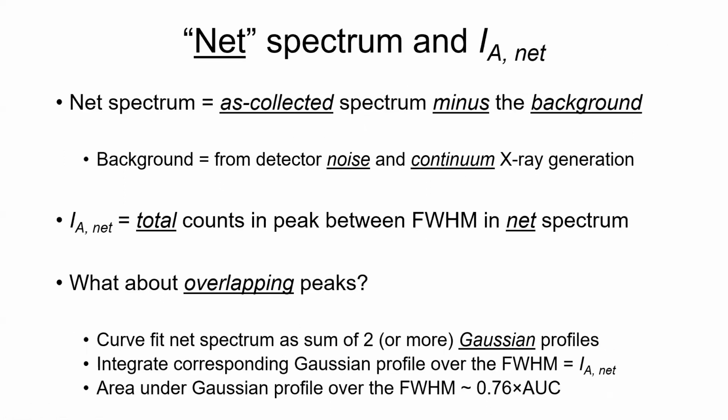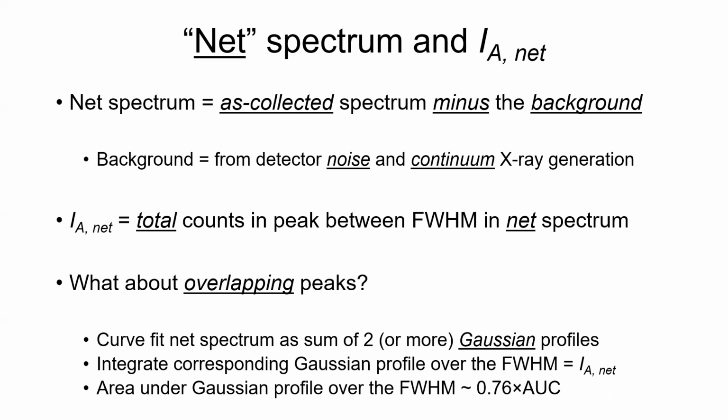Okay, so we introduced this idea of net counts when we're doing quantification. The idea behind net counts and a net spectrum is that we have the spectrum as collected. What we have to do is subtract the background contribution from that spectrum.